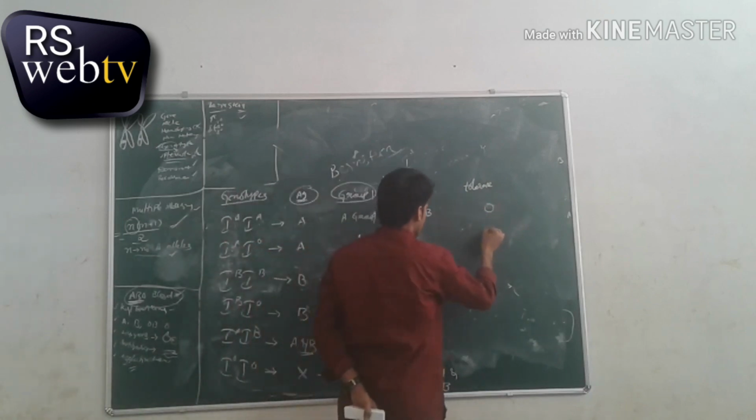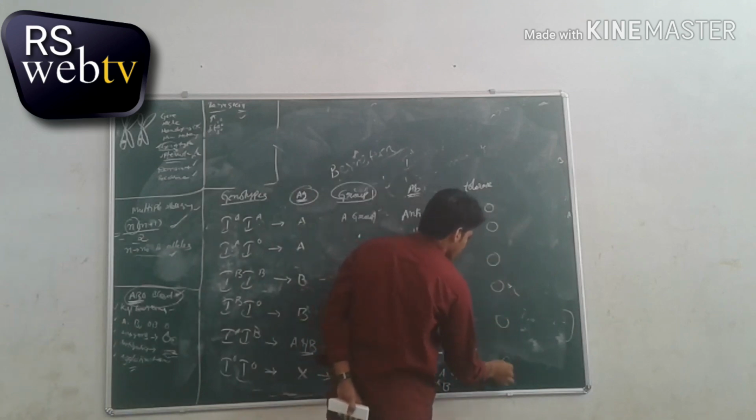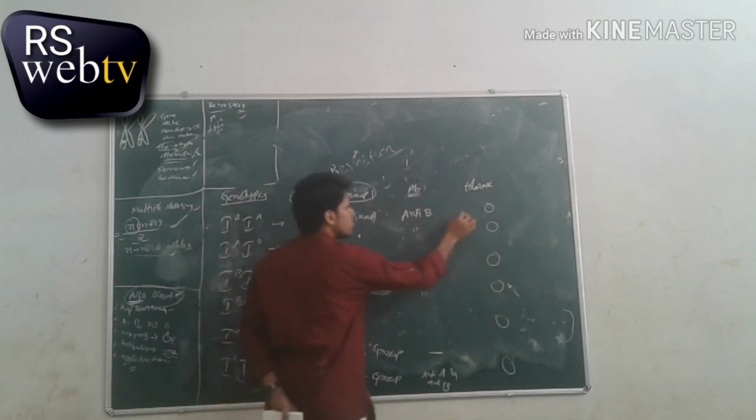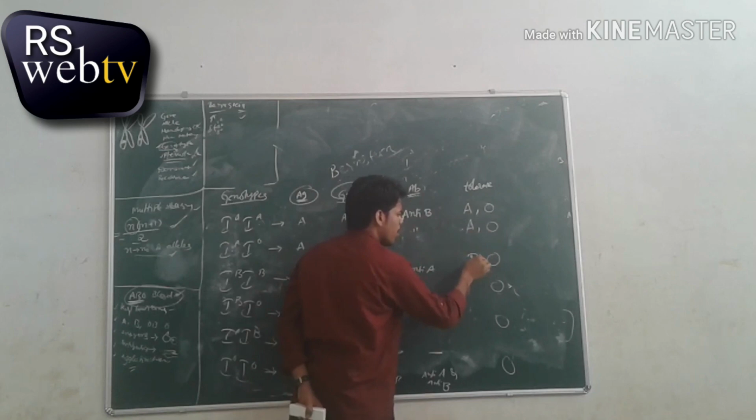So write O first. All the persons can receive blood from O. Now A person can receive blood from only A and O. The person who has B group can receive blood from B and O.